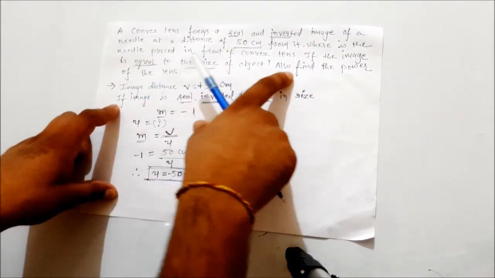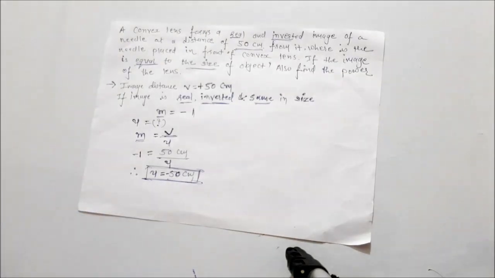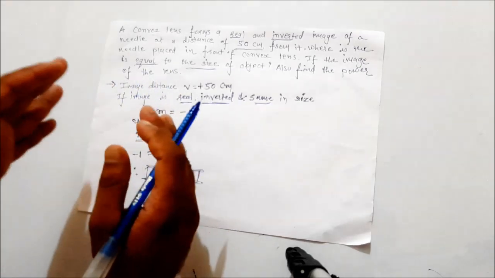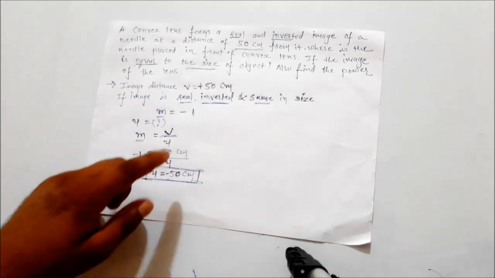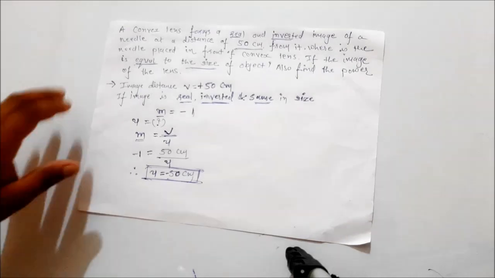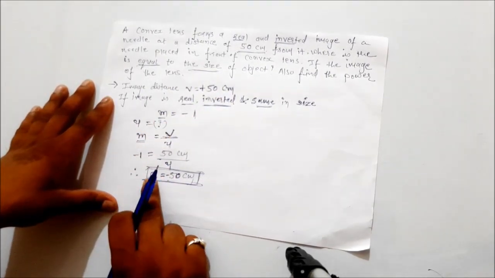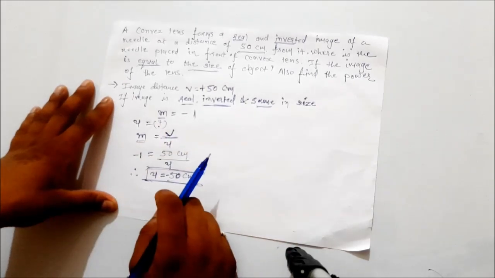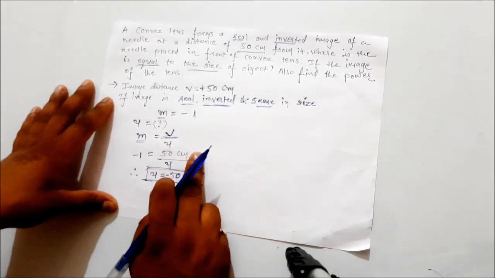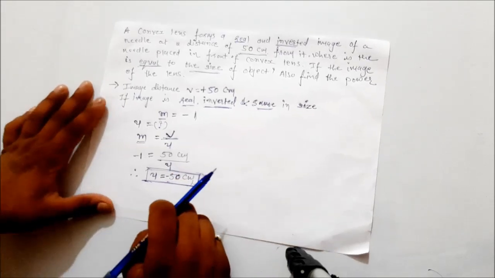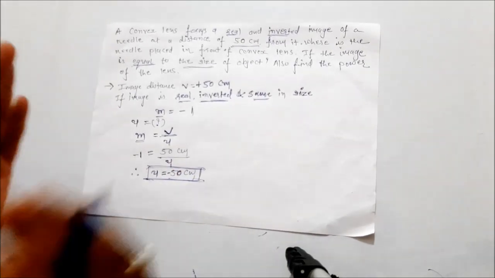Now how can we find out the power of the lens? You can do this sum in different ways. You can use the lens formula: you have the value of v and the value of u, then you can find f by using 1 upon v minus 1 upon u equal to 1 upon f. But instead of that, if we use the characteristics, we can compress the sum.